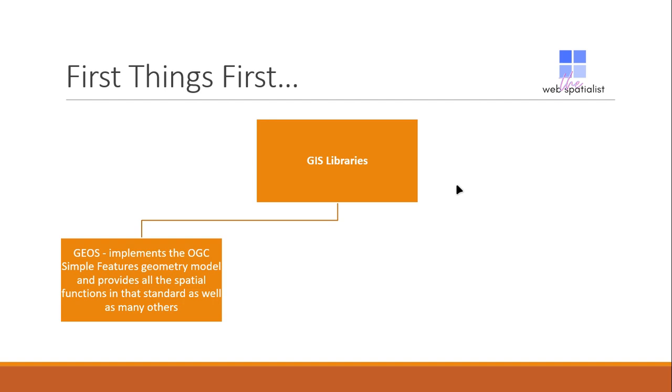For example, if you're familiar with software like QGIS, and you ran a process like buffering, let's say you've made a 50-meter buffer, then what is running behind the scenes? That is GEOS at work.